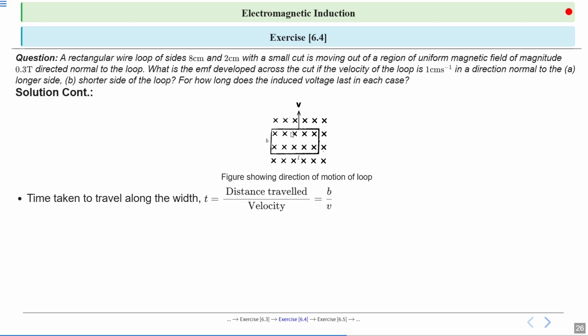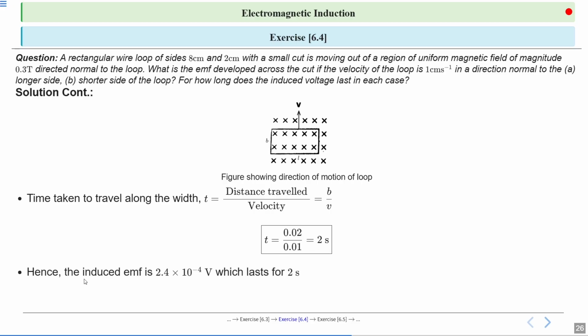Till the loop is completely outside the magnetic field, and from completely inside to completely outside, the minimum distance covered will be B. So T is equal to distance travelled upon velocity, which is equal to B upon V. So T equal to 0.02 upon 0.01 equal to 2 seconds. Hence the induced EMF is 2.4 into 10 to the minus 4 volt, which lasts for 2 seconds.